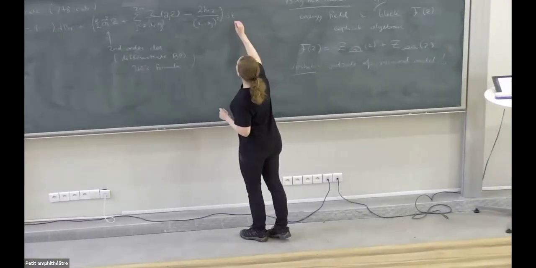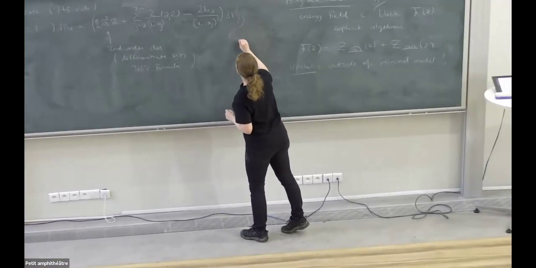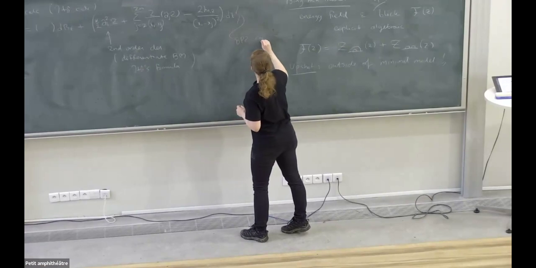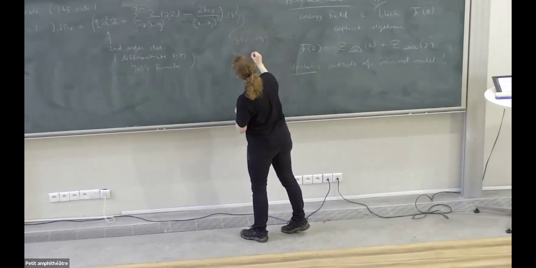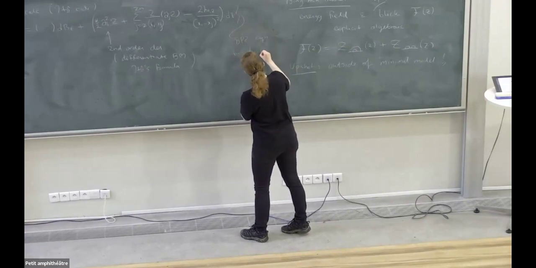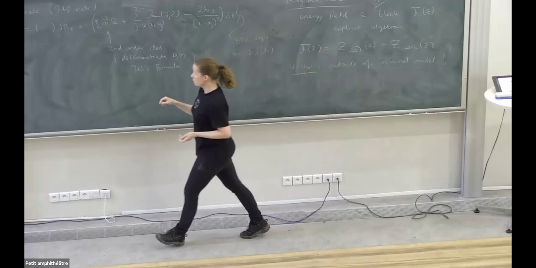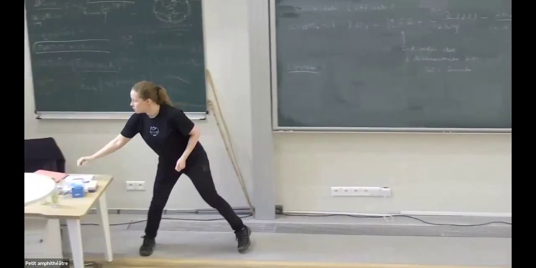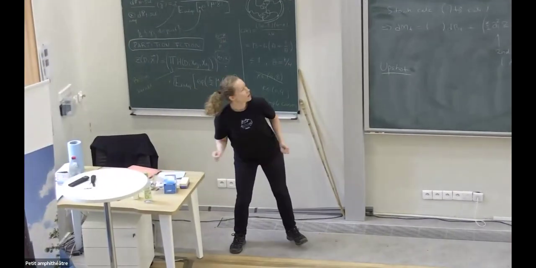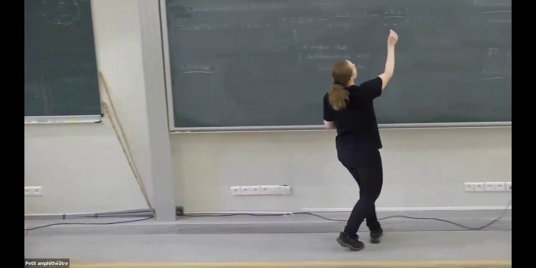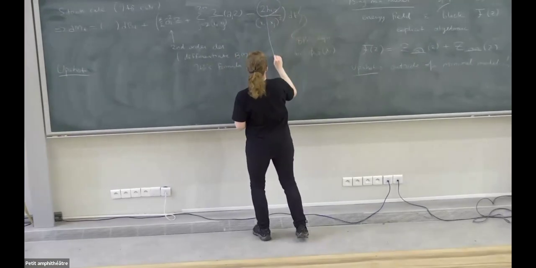So indeed, this is a BPZ equation for phi_{1,2} at x1. And here are the conformal weights of the other ones, right?